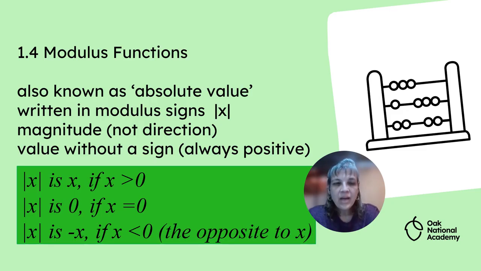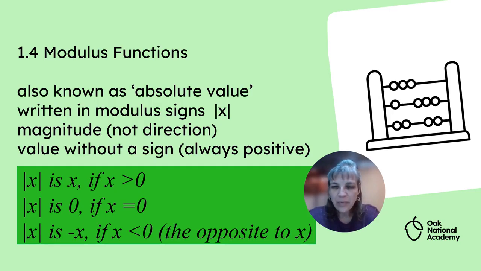If x is equal to 0, what's inside the modulus would just be 0. And if x is less than 0, something like -2 or -3, then you want the opposite sign, the negative of that. So -2 would become positive. Basically, you can think of everything just becoming positive.